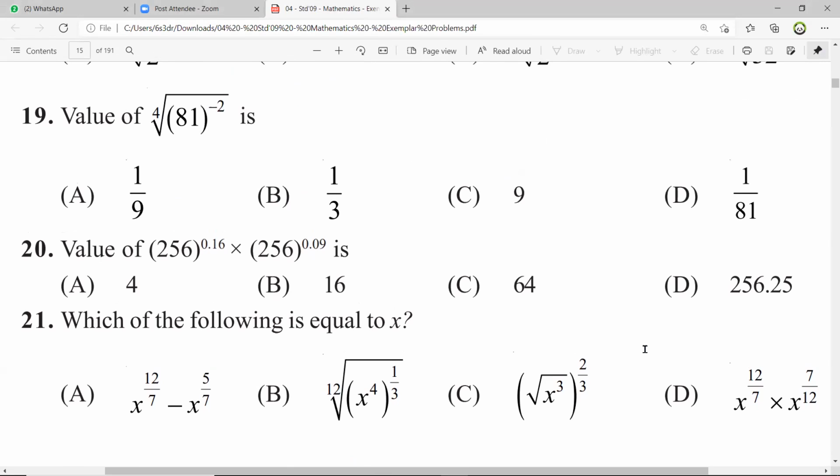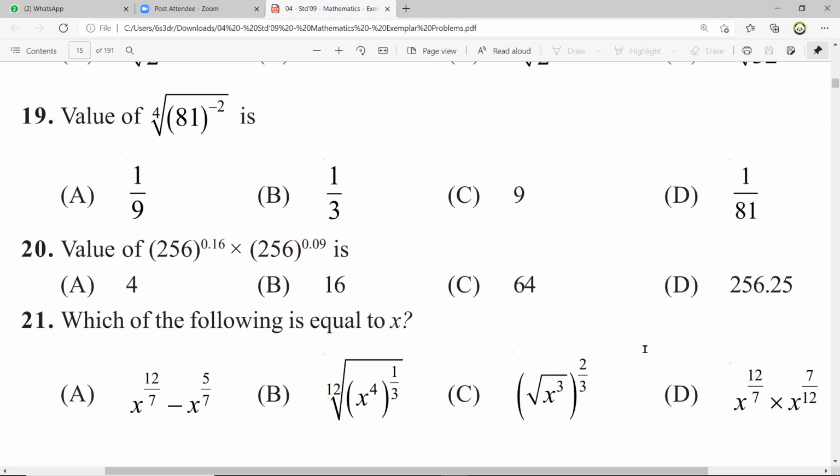Yeah, this one. Will this be equal to x? Ma'am, B. Is it B?